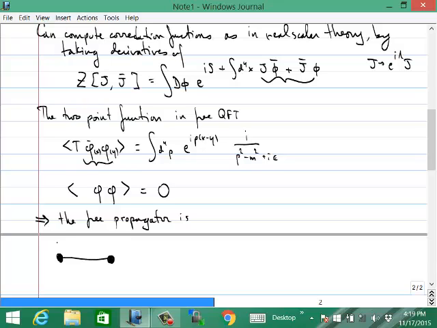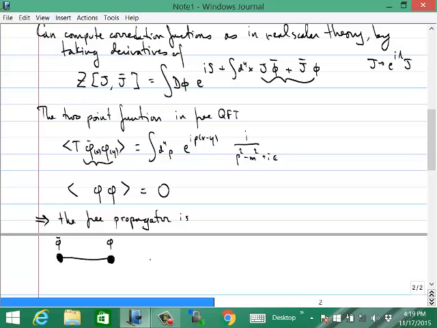So in particular, if you introduced one source term which was associated with a phi bar and another source term which was associated with a phi, then you're allowed to have a propagator only if that propagator connects a phi bar with a phi, not if it connects a phi with a phi.